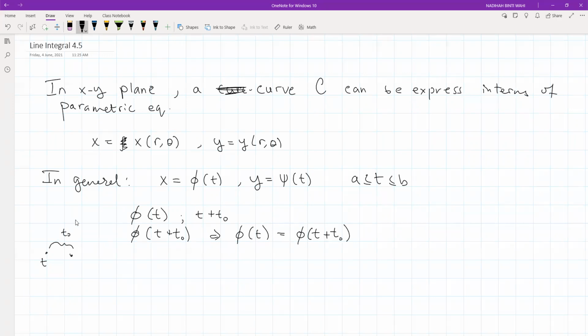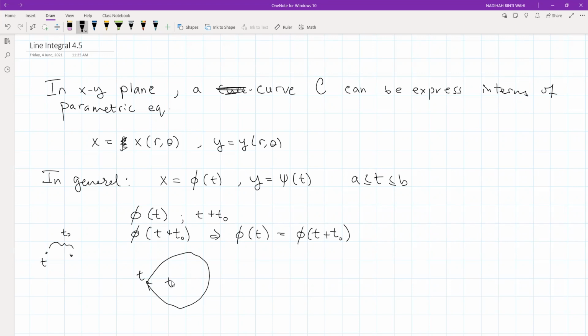So let's say this is phi of t, at increasing time, in general. So after t times, you came back to your original position.